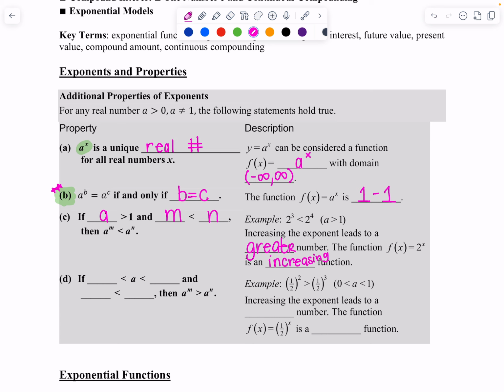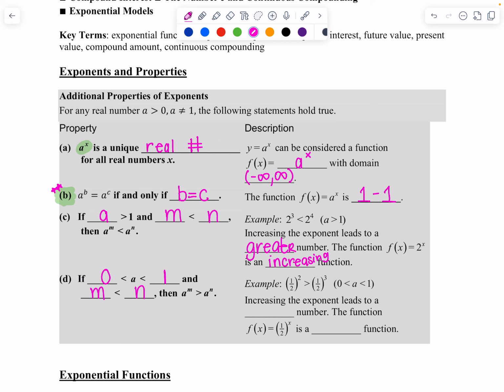Now, the next thing. If a is between 0 and 1, and m is less than n, then a raised to the m is greater than a raised to the n.